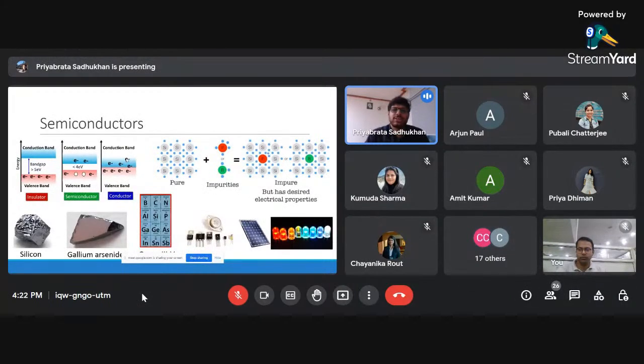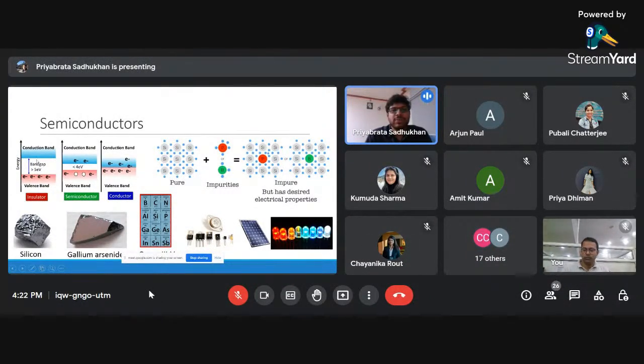Now, what are semiconductors? As the name suggests, semiconductors sit between insulators and conductors, literally, because their conductivity is higher than insulators but lower than conductors. As you can see in this energy band diagram, for insulators, there is a huge gap of about 5 electron volt between the valence band and the conduction band.